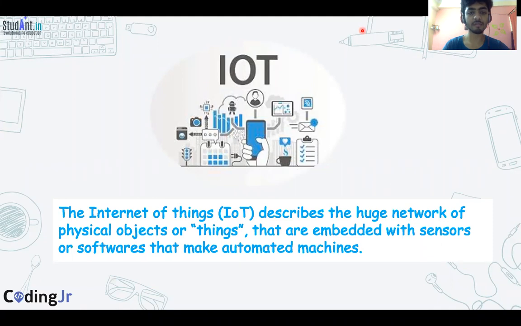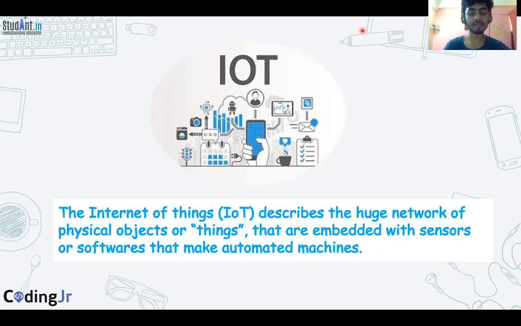But apart from this, if physical objects or electronic or electrical devices are connected, or there is an establishment of a network between these objects, this network comes under the IoT, Internet of Things. So the IoT describes the huge network of connections of physical objects, right?